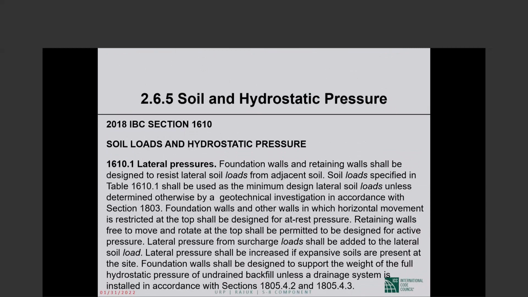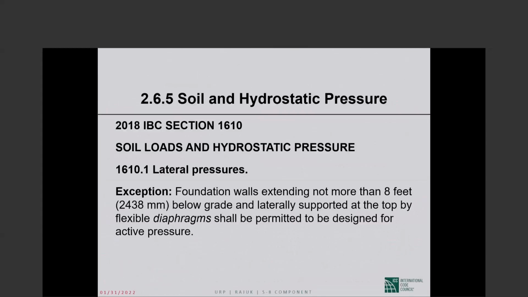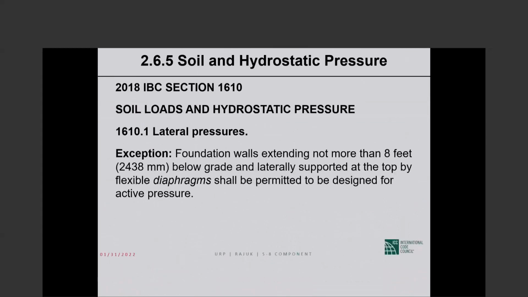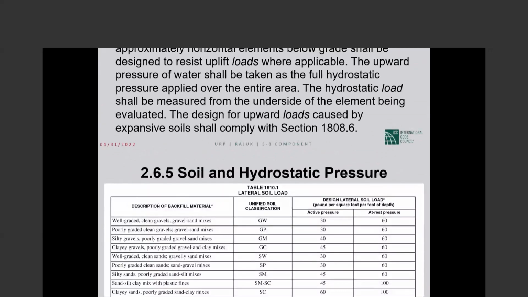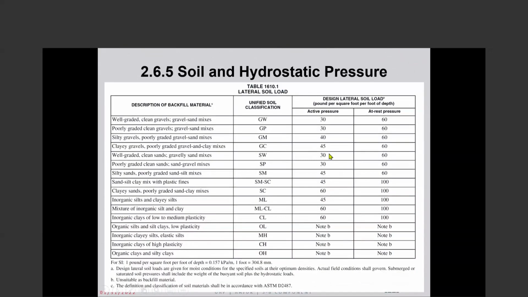Now I again will not take you through this, but in the IBC, this topic is treated. IBC, I just want to show you, has this table that you can use. The soil classification comes from this ASTM D2487.